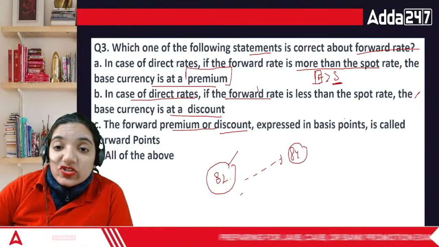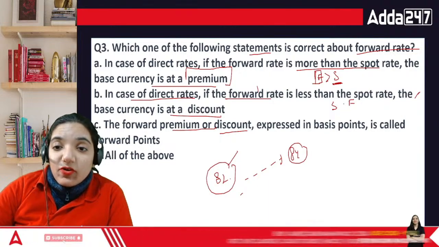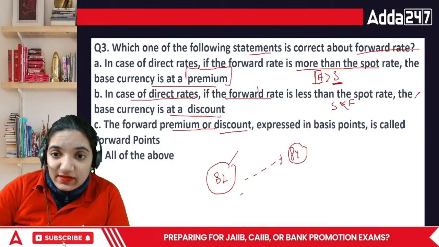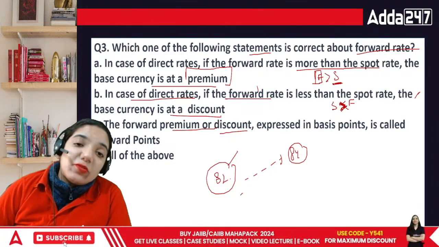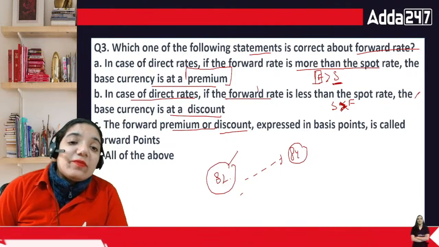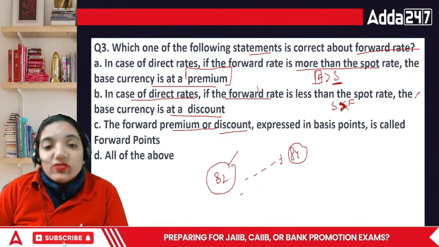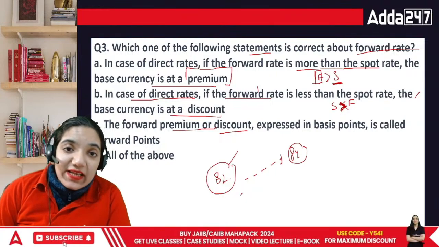Acha, where the forward rate is less than spot rate, then what will happen? Then it will be called it is at a discount. Hai na? This is also true. That means at this point of time, the value is less.